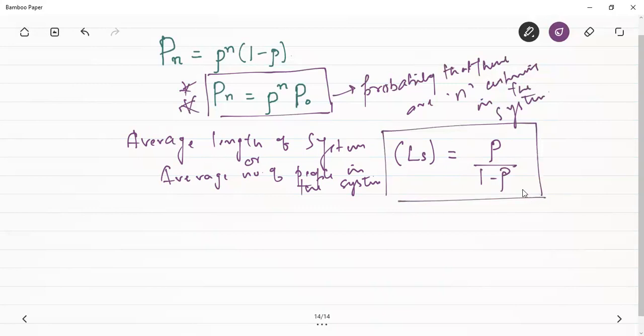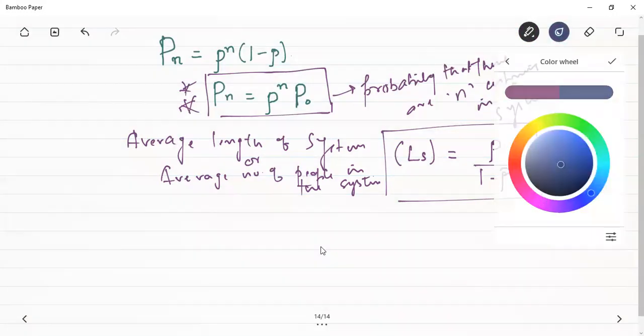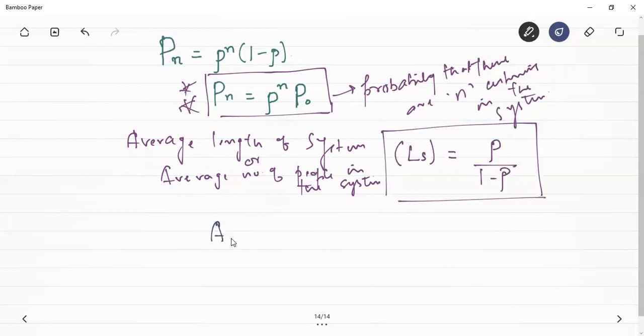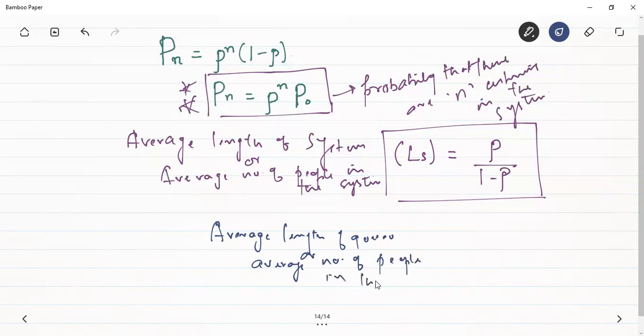Okay. And similarly for the queue. Average length of the queue, or average number of people in the queue, is given by Lq.